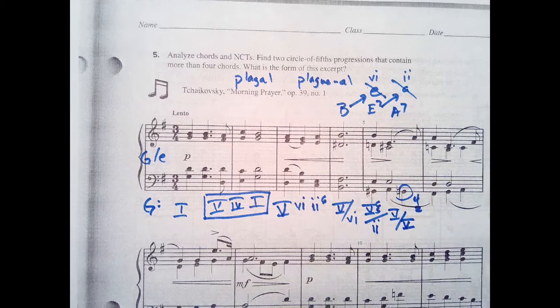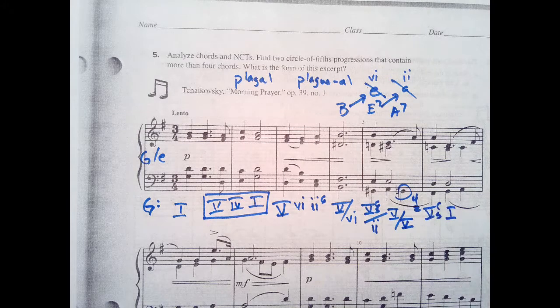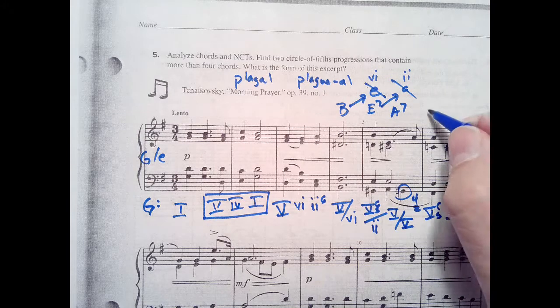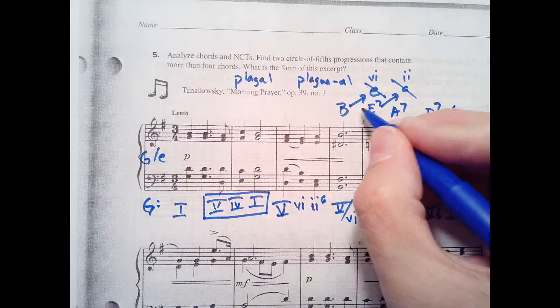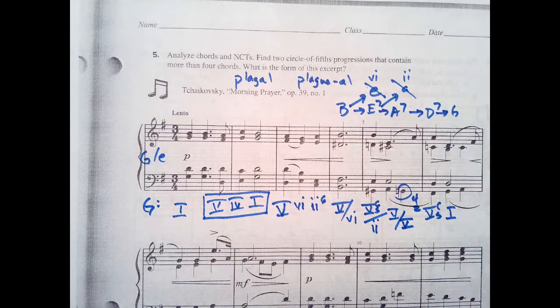This takes us to 5, 6, 5, and then to 1. So what we have is a chain of secondary dominants leading us all the way to G major.